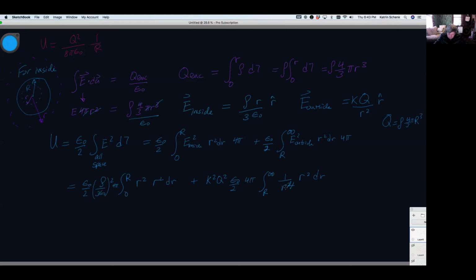All right, integrals away. This is going to be the integral of r to the 4th, which is r to the 5th over 5. This is going to be the integral of 1 over r squared, which we know is minus 1 over r. So let's do it.